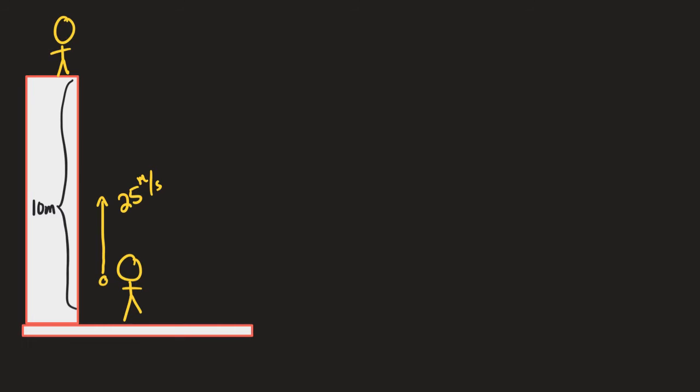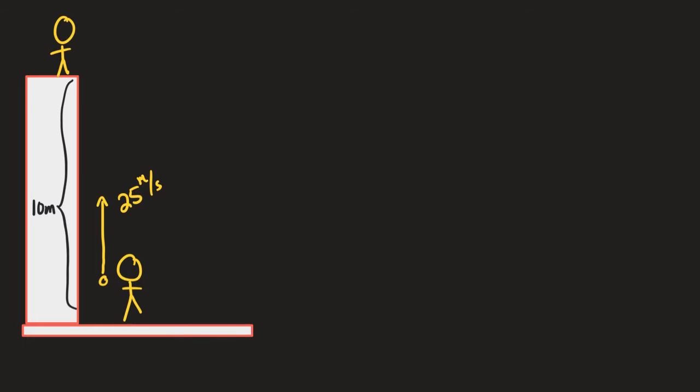Now, I need to tell you this, and it's something that you should probably put in your notes, big and bold someplace, highlight, put a box around it, whatever you do to identify something that's important. The acceleration due to gravity near the surface of the Earth is always 9.8 meters per second squared directed downwards.